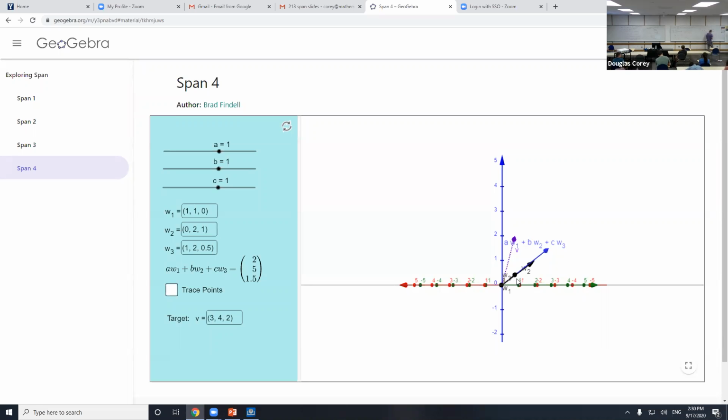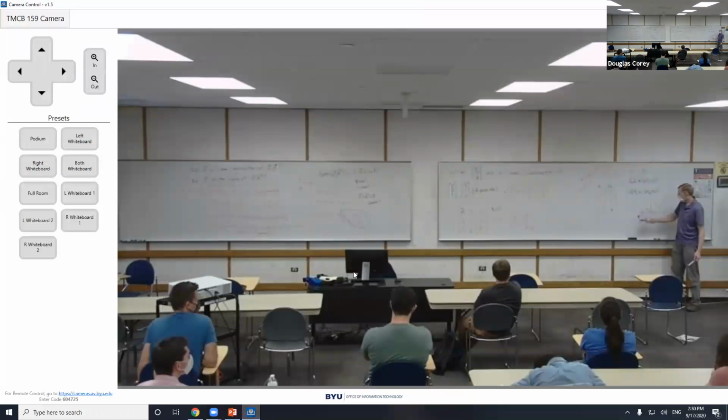I can get to this point just by using these other vectors. So I can scale this one back here, come back this way, and scale this one back like that. Then I can add those two vectors, and I'd get to that point.